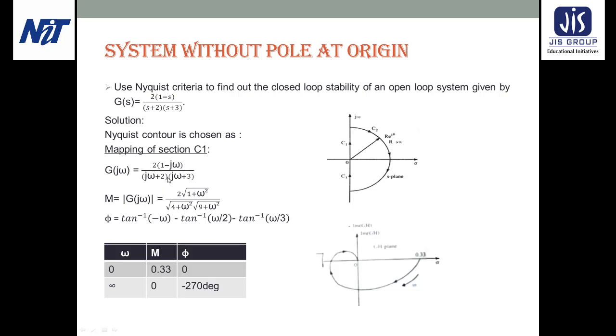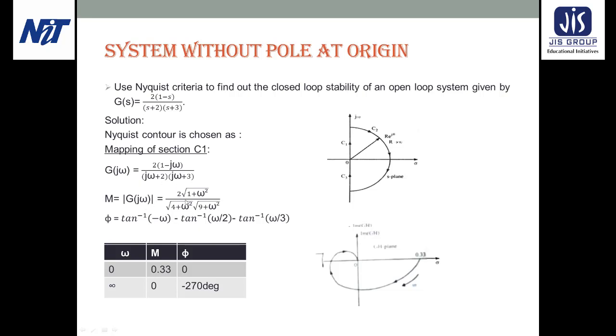If we compare this with x plus iy, where x is the real part and y is the imaginary part, then the modulus will be found as root over x square plus y square, and the phase angle is tan inverse y by x. Now, for the terms located in the numerator, the angle contribution will be positive, and for each denominator term, the angle contribution will be negative.